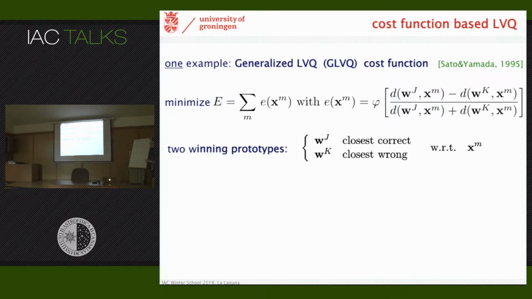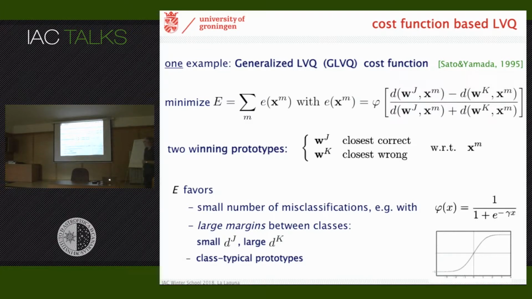And of course, you want this to be smaller than that. You want your data to be close to a correct prototype and far away from a wrong prototype. So you want to minimize what is upstairs. Downstairs, we only have a normalization. It's the sum of the two distances. And then maybe I can use a squashing function here, a transfer function in addition.